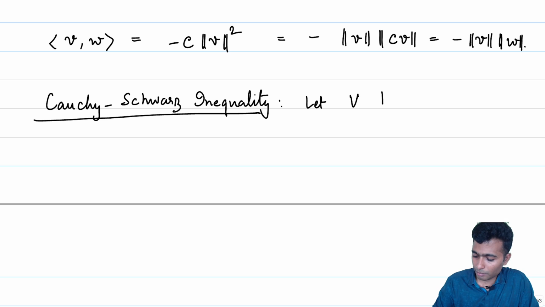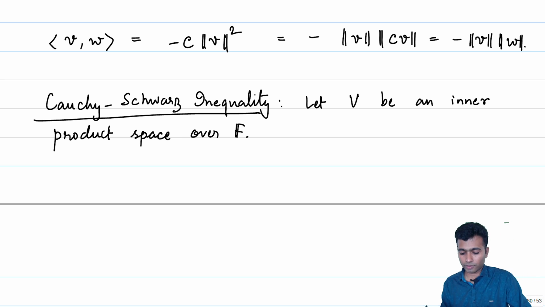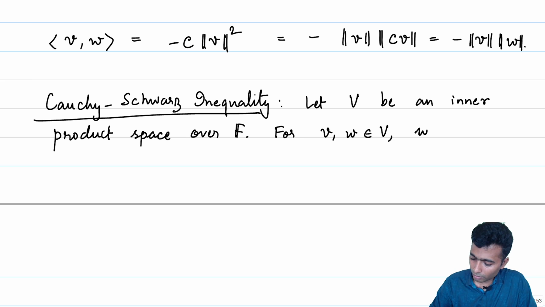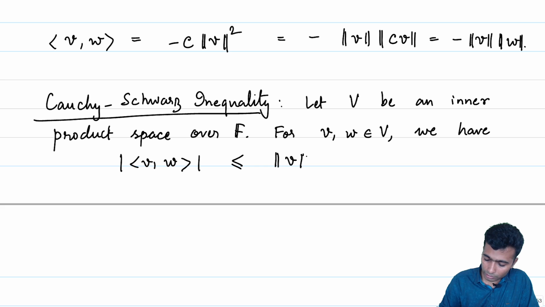So let V be an inner product space over F. So we are not saying this just for vector spaces over R. This can be concluded for vector spaces over C as well. For V, W in capital V, we have the absolute value of the inner product of V comma W is less than or equal to the length of V times the length of W.